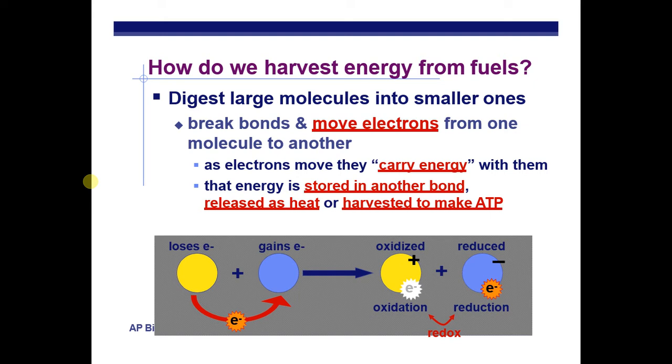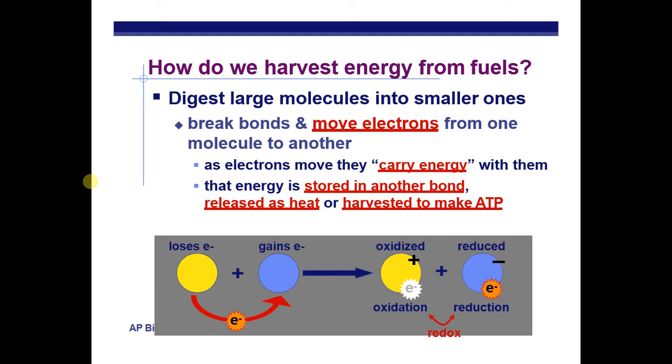From this point through the rest of this unit, I want you to think of those electrons as energy. That is the energy, at least chemically speaking. As we break down more biomolecules, carbohydrates or proteins, we're removing more electrons from the bonds that are broken.